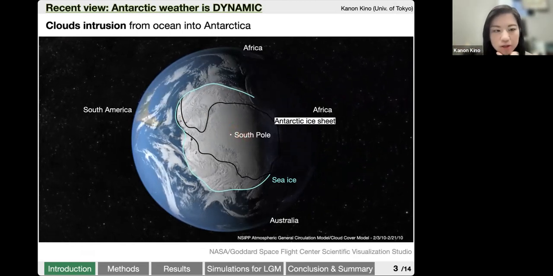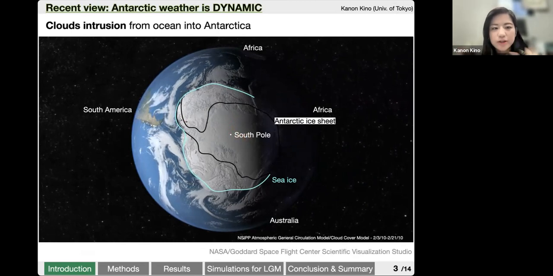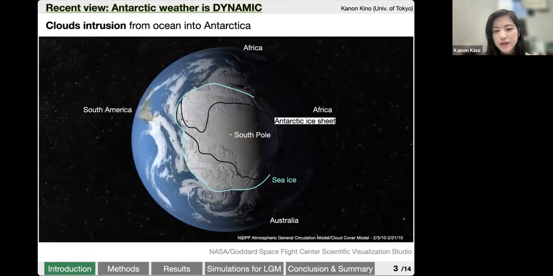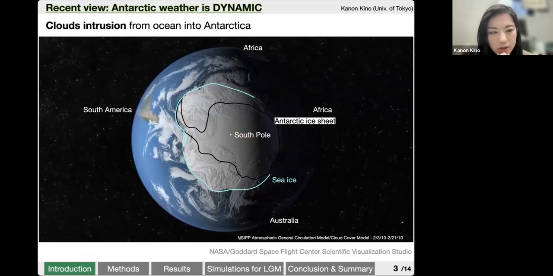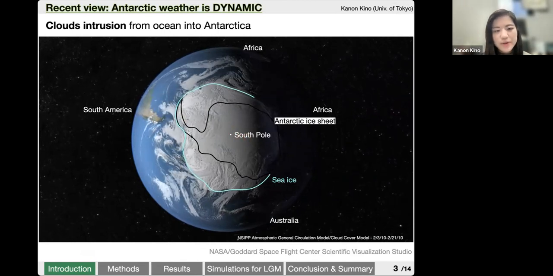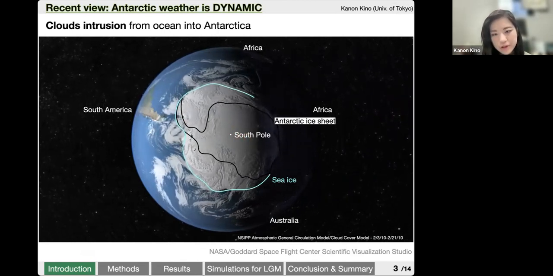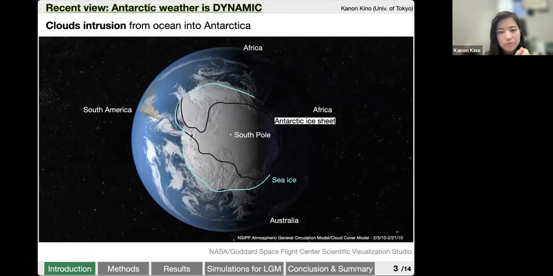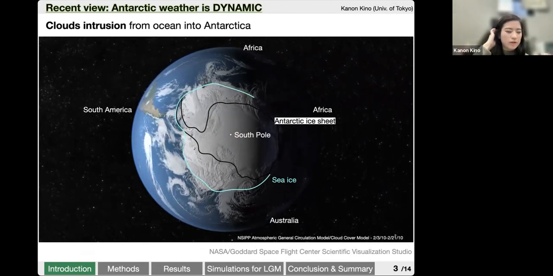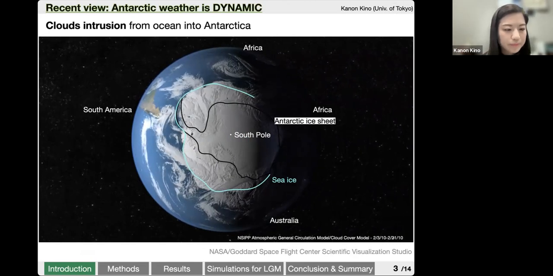So this kind of dynamical changes is associated with high pressure, low pressure systems. And such warm and humid air intrusion into Antarctica can induce extremely large precipitation events.